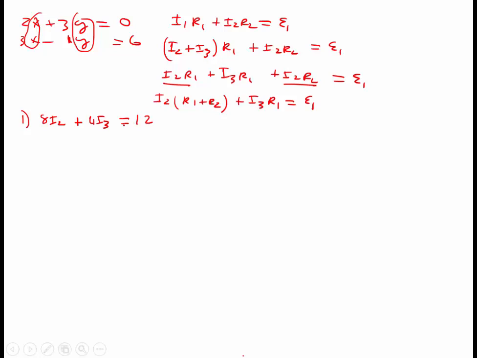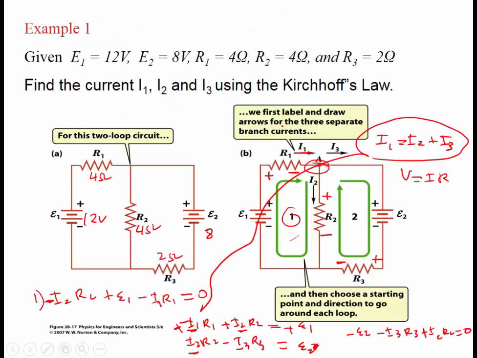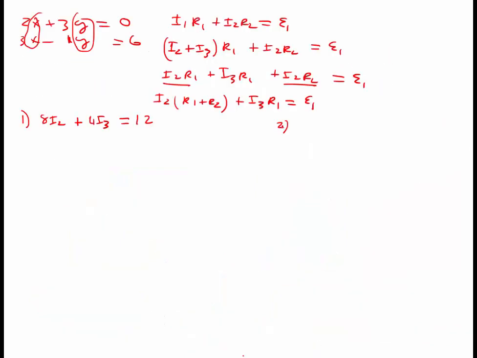And then remember our second equation, right? If we look at our second equation, it was I2 times R2 minus I3 times R3 is equal to E2, right? That was equal to 8 volts or E2, right?